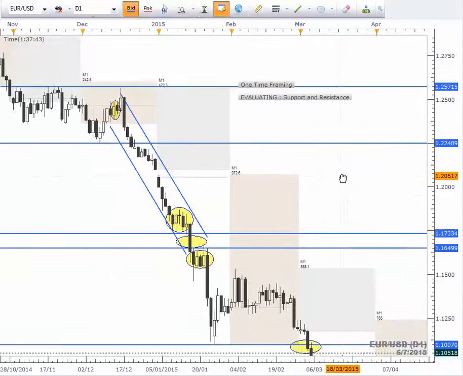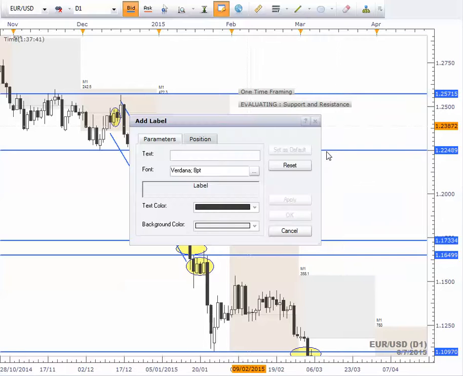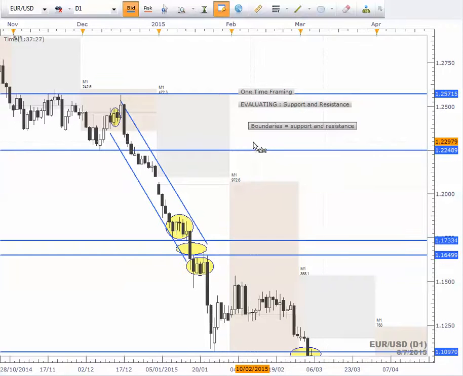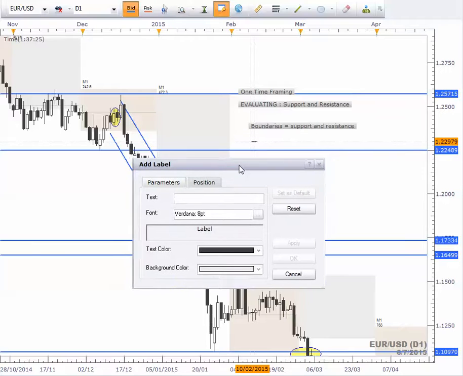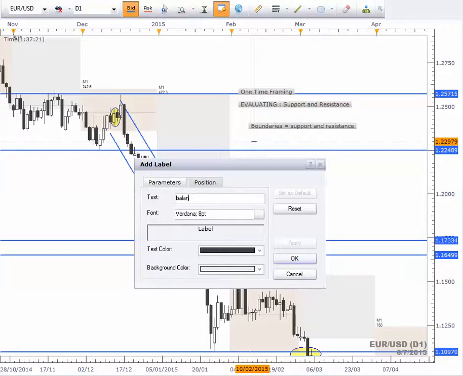Here's another thing that I like to talk about: boundaries. What are boundaries? Boundaries equal support and resistance, and in between is balance.